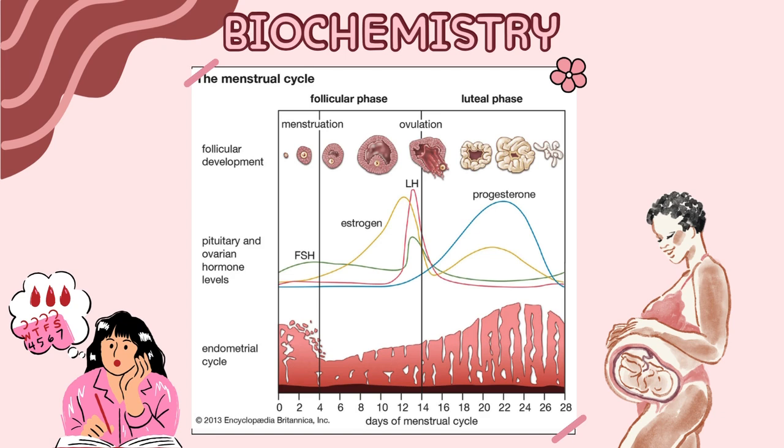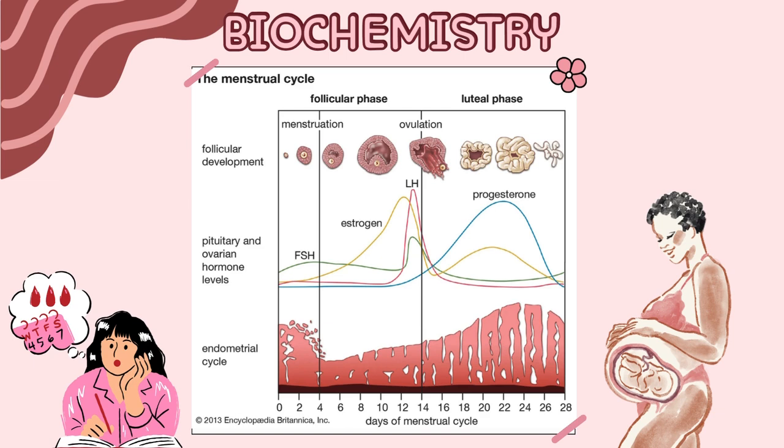Each follicle will contain an immature egg, but only one dominant follicle will mature. The hormone estrogen will increase during this phase. It will help to thicken the uterine lining to prepare for a potential pregnancy.